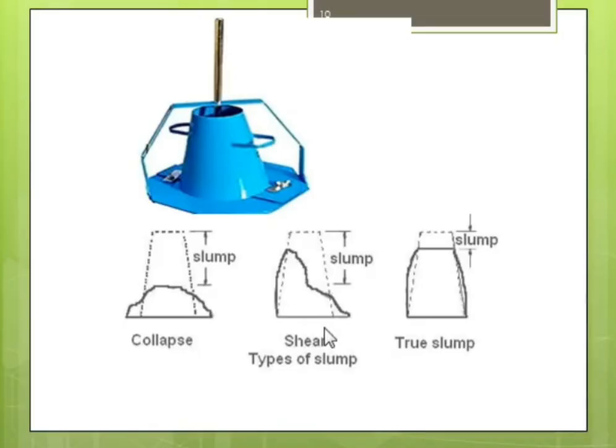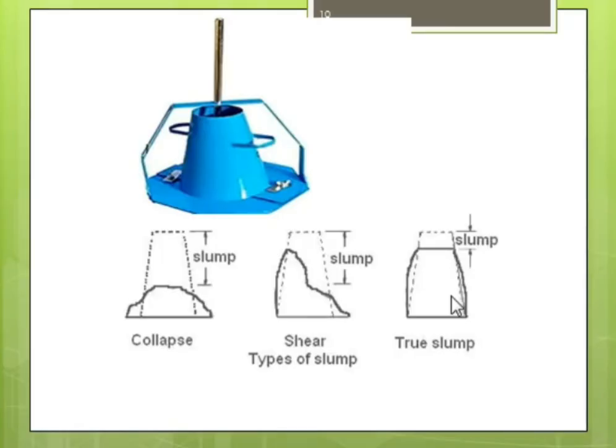The second one is shear type collapse, meaning the slump concrete partially collapsed. And the third one is true slump, that is bulging from the side, and it slowly goes down, like a compressed figure, which we can observe here. So this is nothing but the true slump, without shear or complete collapse. Such a figure or slump we can consider for good concrete quality.